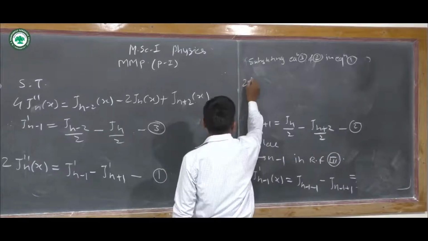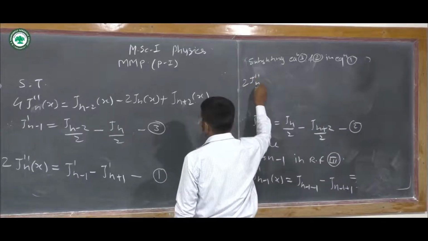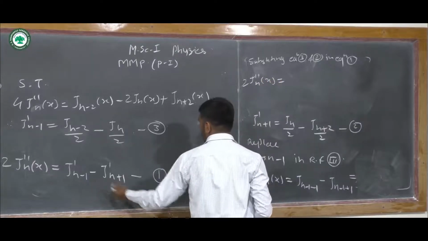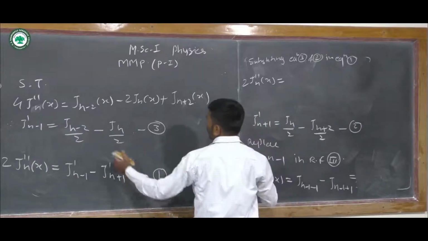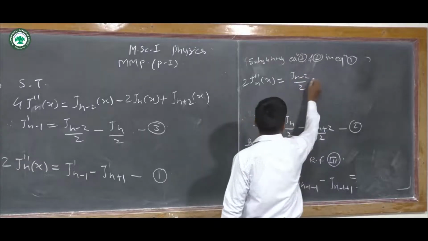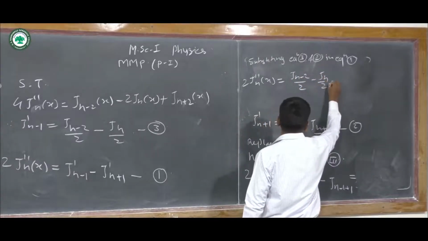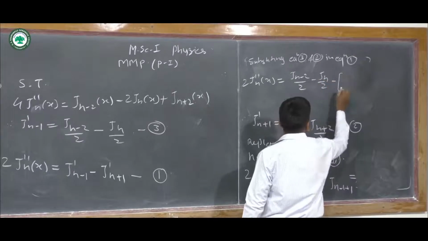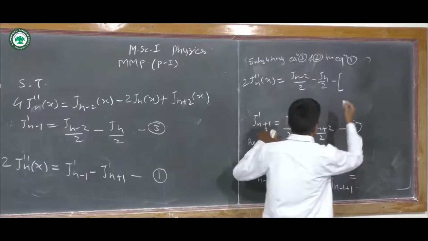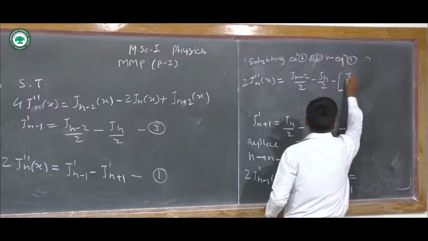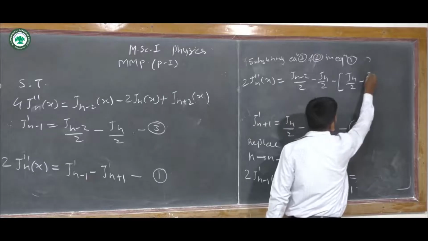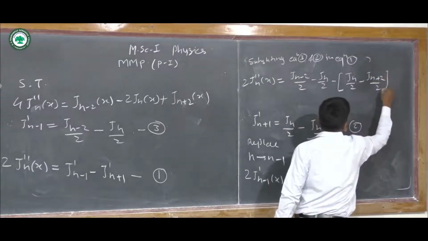So 2J''n(x) = from equation number first, J'(n-1), that is J(n-2)/2 - Jn/2, minus the bracket J'(n+1) from equation number second, that is Jn/2 - J(n+2)/2.